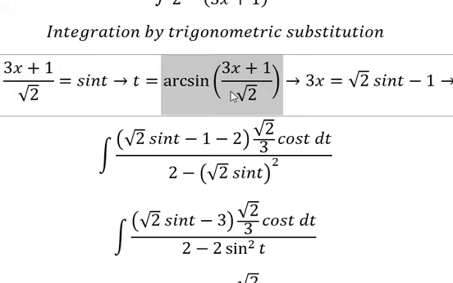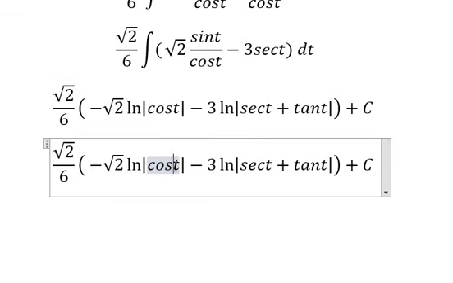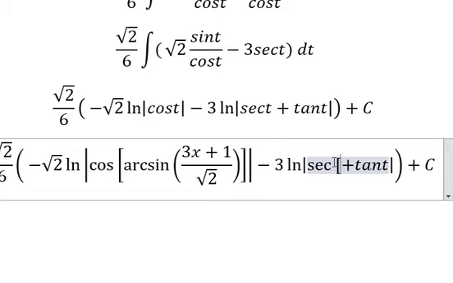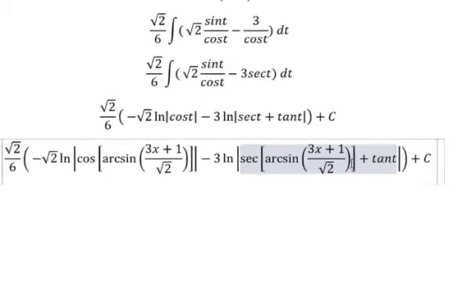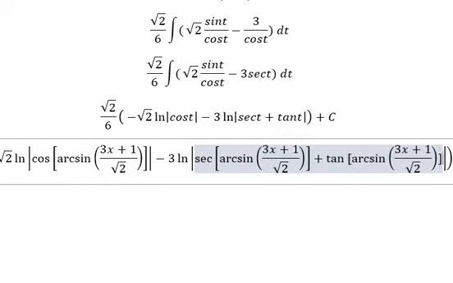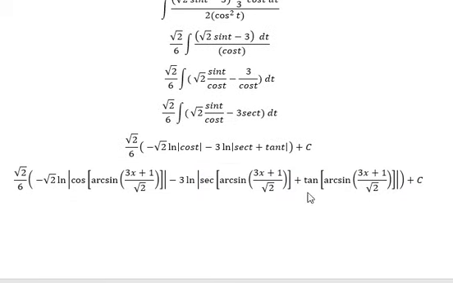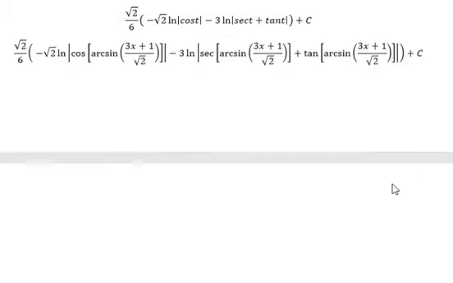So we put this one to replace for t. And this is the final answer.